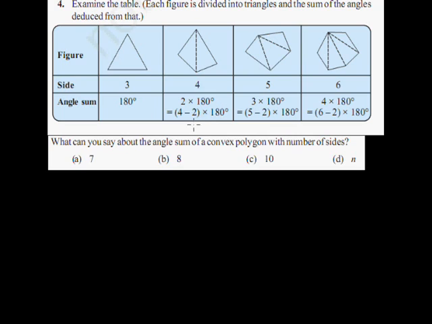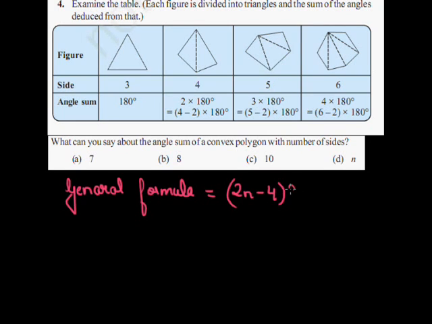So I can calculate a general formula for finding the angle sum of any polygon. So the general formula is (2n minus 4) into 90 degrees, or I can say (n minus 2) into 180 degrees, where n stands for the number of sides.